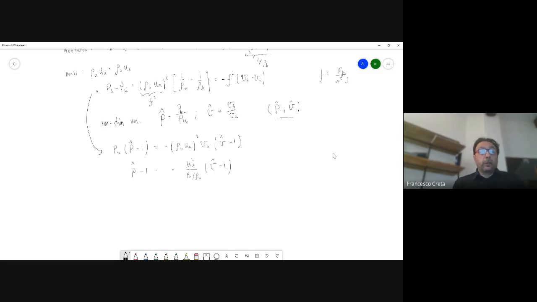Now, it's also interesting to see what this term is, because if you look at the definition of Mach number, this is the Mach number on the unburnt side. Remember, we are in a wave stationary frame of reference. So the combustion wave is stationary, and we're feeding fresh mixture at a velocity u.